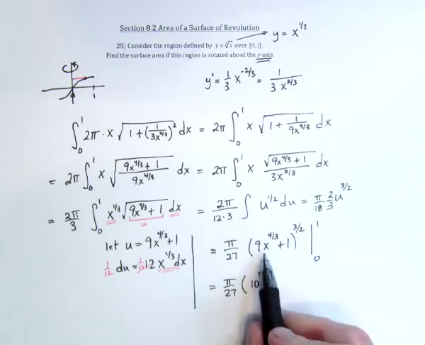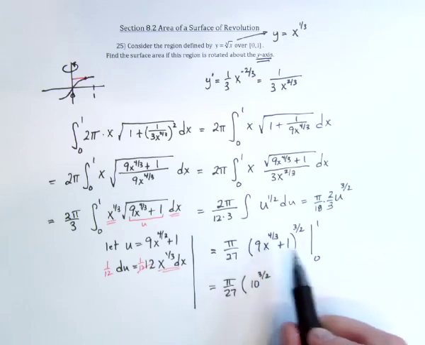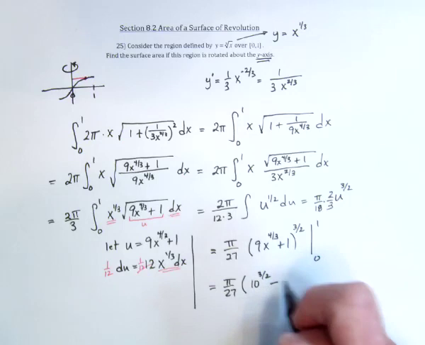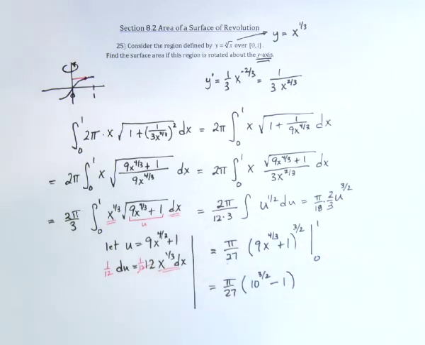When you substitute a 0 in here, it's actually going to be 9 times 0, so that's gone. And then we would just have 1 to the 3/2, which is a 1. So then minus that 1. And I've just factored the pi over 27 out completely.